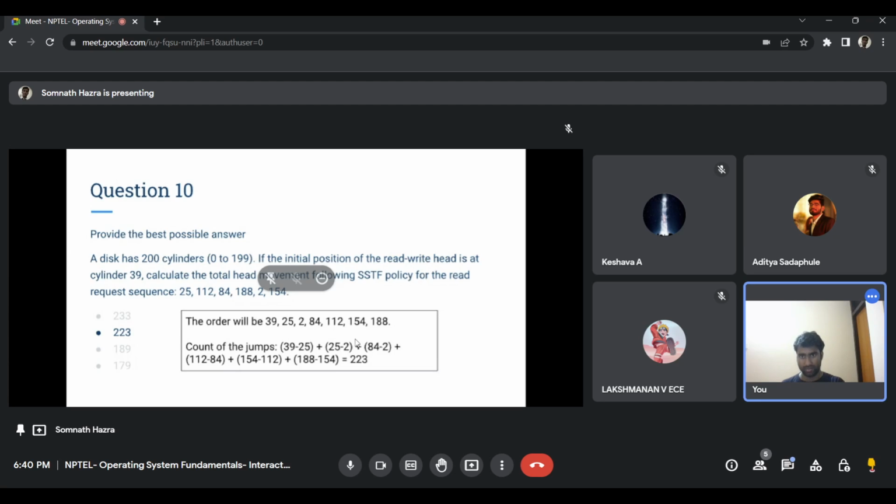How do you count the jumps? The absolute value of the previous position minus the next position. That is how you will get to 223. If you haven't solved it, you can take a note of it.